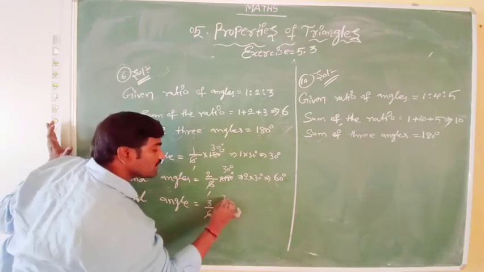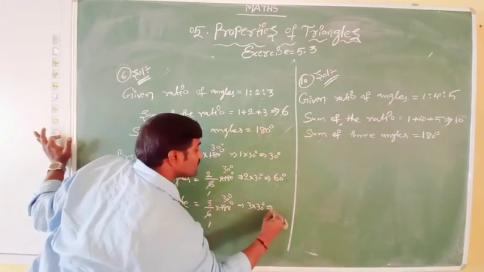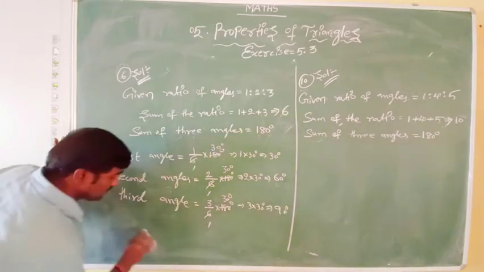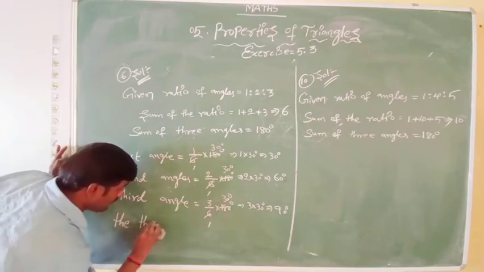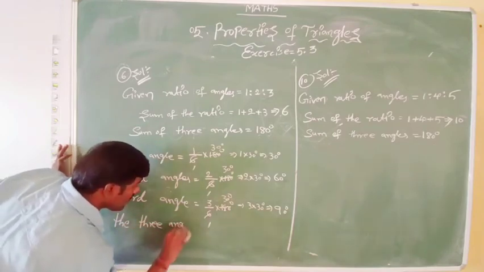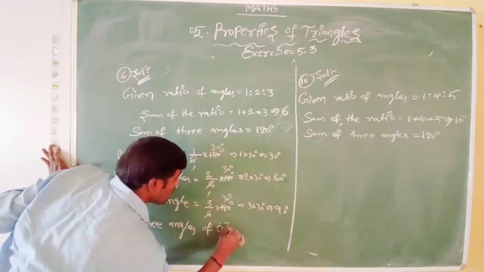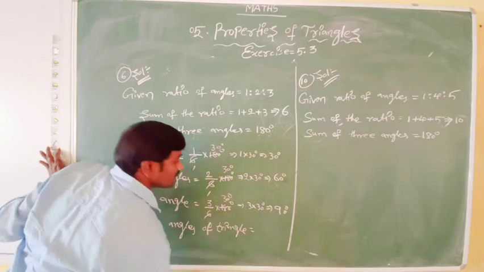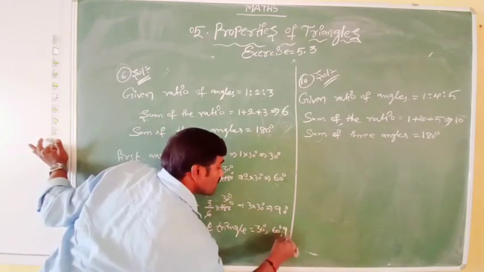That means 3 into 30 degrees equals 90 degrees. Therefore, the three angles of the triangle are 30 degrees, 60 degrees, 90 degrees.